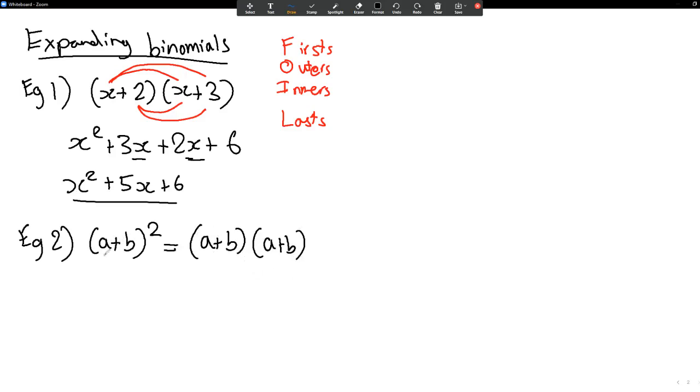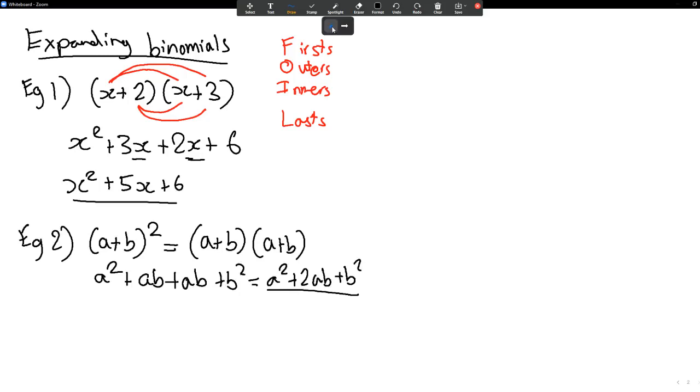So we multiply the first, then the outers, then the inners, then the lasts. You can skip this step. Once you're more confident, you can go from here to here. But yeah.